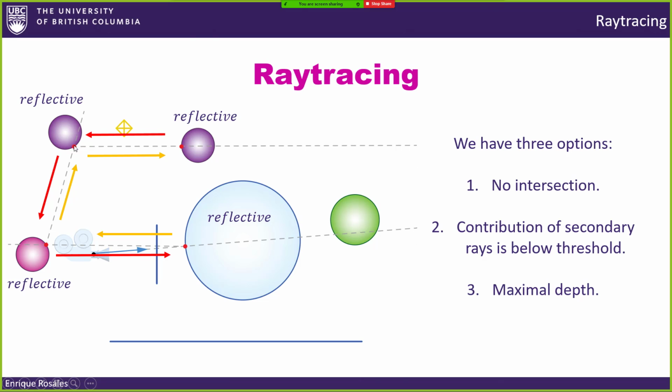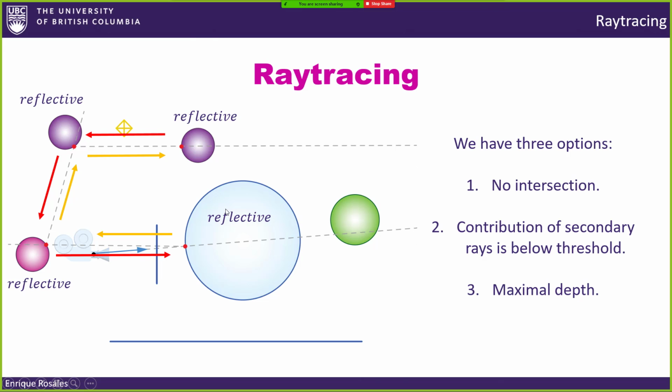So each time you hit a reflective object, you can implement in your code that the contribution for each hit, or each intersection, will be decreased, right? So you will be decreasing the contribution of each color to simulate what happens in real life, that the light is losing energy because every object is absorbing a little bit of light.